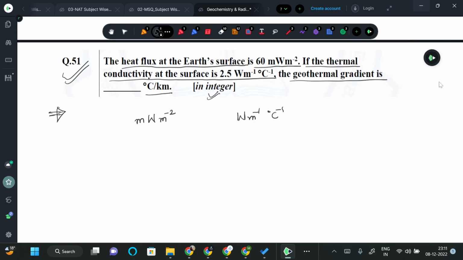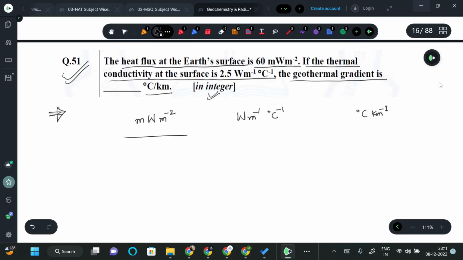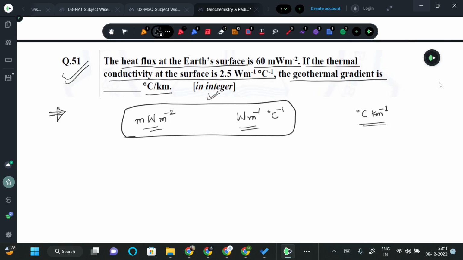I will tell you the formula, but first let's see. It is asking in degree centigrade per kilometer. So what do you derive out of these two units? What shall we do with these two units to get this? Anyone?